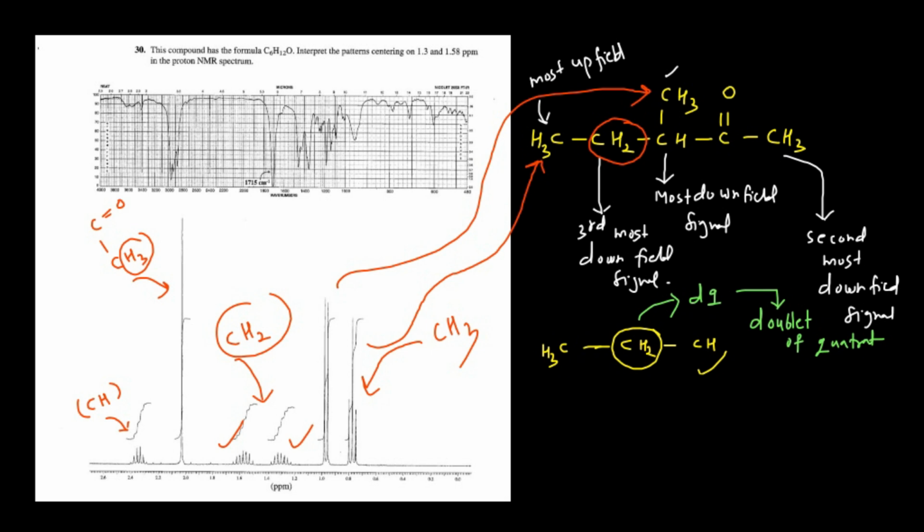Say this is my A, this is my B, this is my C. So this coupling constant is a little bit higher. They have roughly the same value of 7 hertz, but I'm telling you this value is a little bit higher, right? So what will happen? This CH2 will couple with this hydrogen first. Since the neighboring hydrogen is only one, you will get a doublet here. So I'm drawing a doublet here.